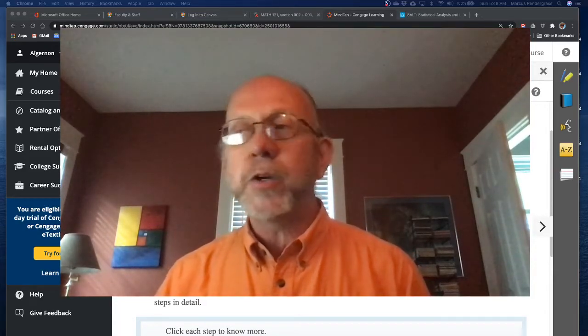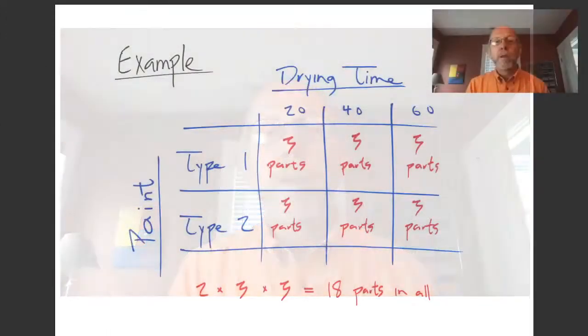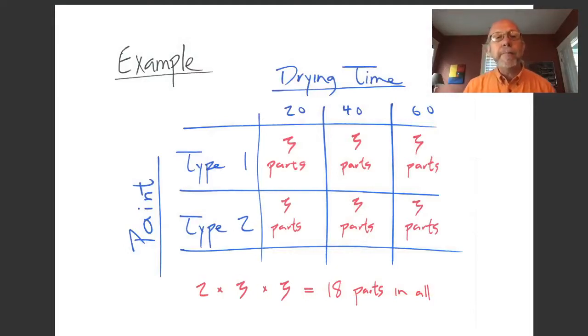And let me show you a little slide I have to help us do that. Here we go. I've made a chart here that shows the types of paint, two types. I'll just call them type 1 and type 2, and then the drying time that's allowed for each, 20, 40, or 60 minutes.